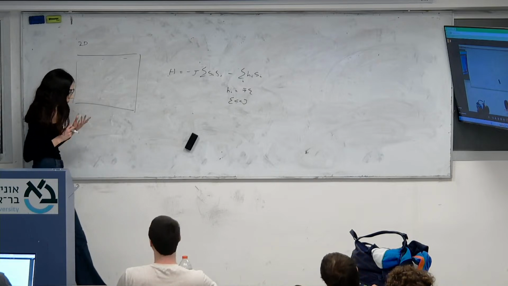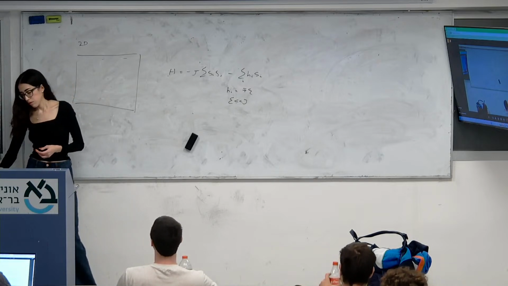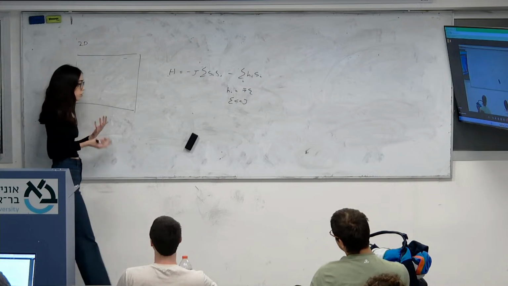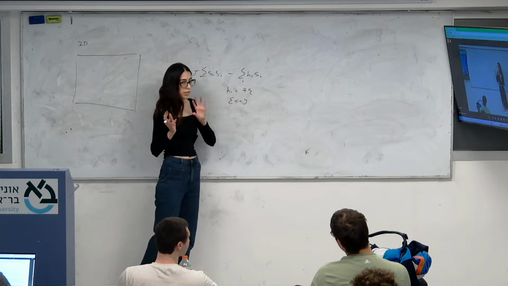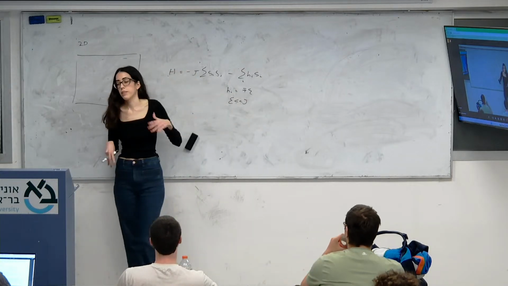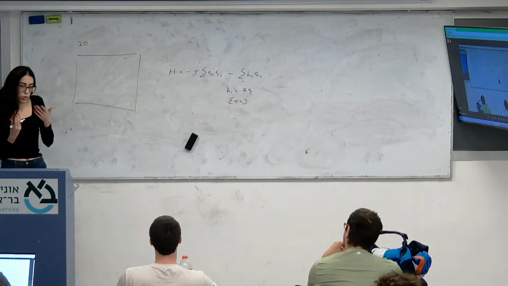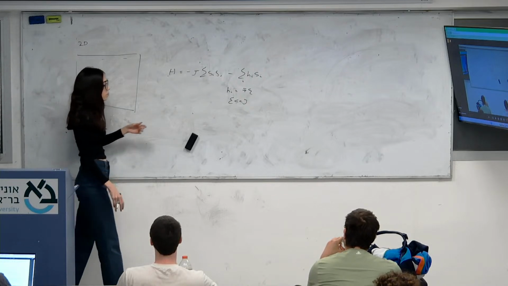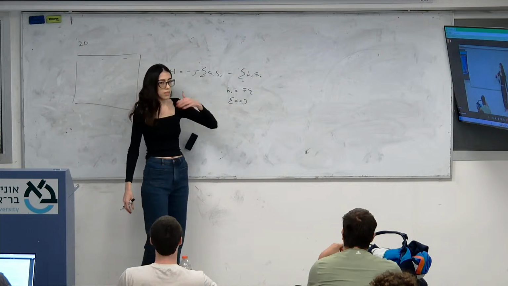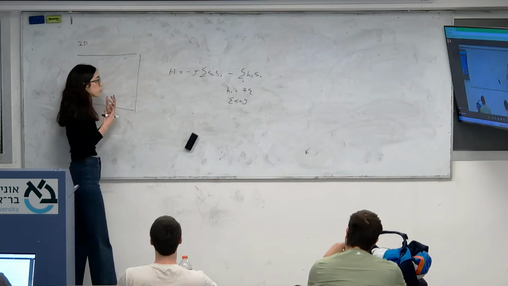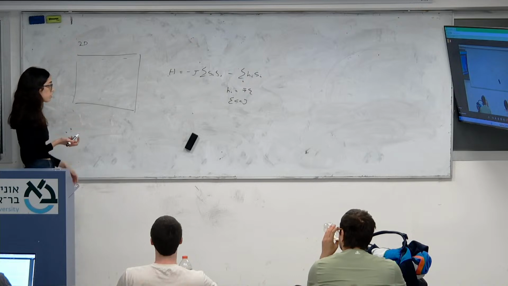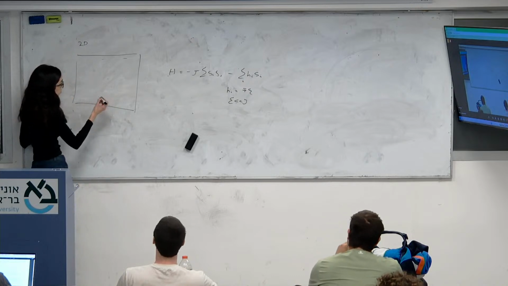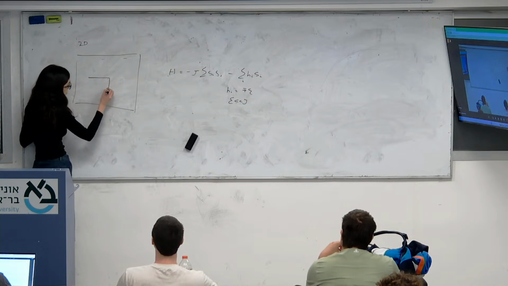Now what happens? If the field is not very weak, this is going to be a different problem that we're going to discuss in the later part of the course, but you can see that it's going to affect the system more significantly. But if the field is very weak, it's not necessarily going to destroy the phase transition, as we're going to see. So let's look at the domain as we did before.